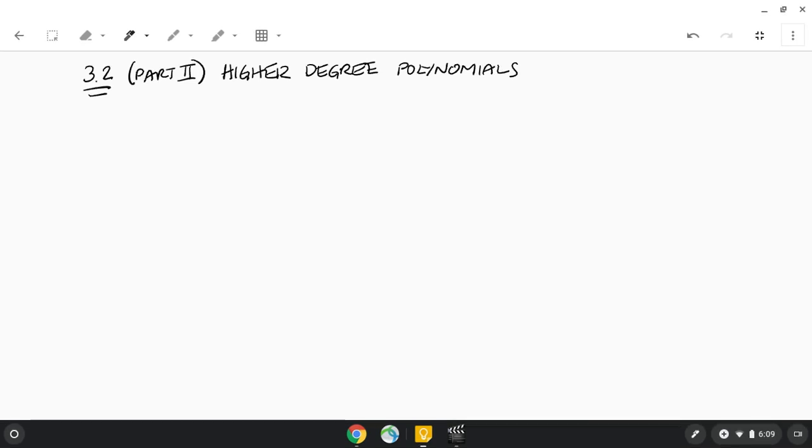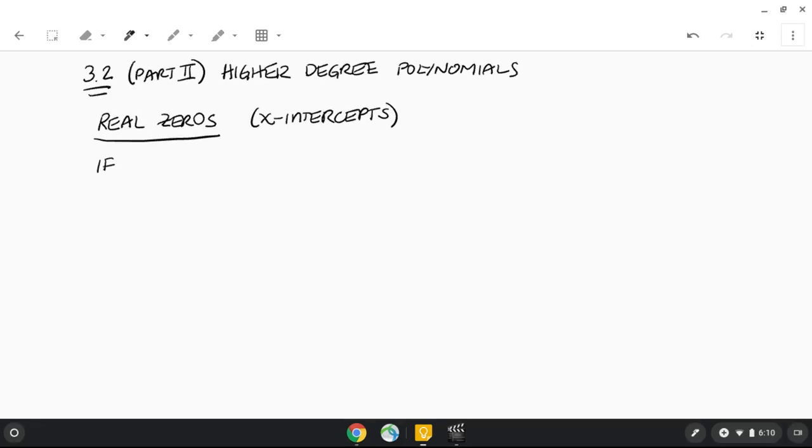Okay, so we are going to be talking about the real zeros. So we are going to be a little technical here. And again, these are essentially the x-intercepts that we need in order to graph. Okay, so let's begin here.